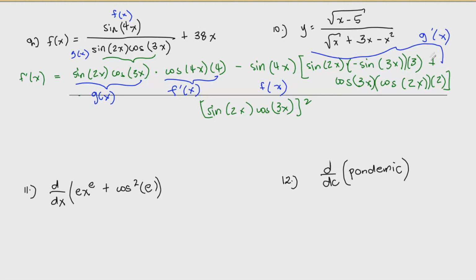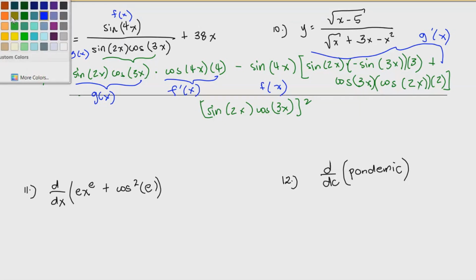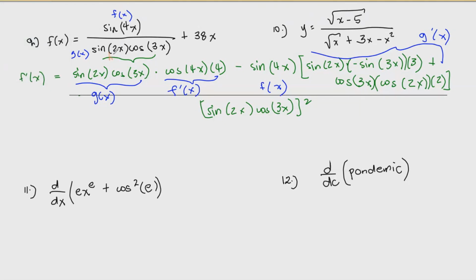This is a very long answer, since remember this denominator is actually still a product rule, so we have to apply the product rule here on this g of x. When we try to name this, let's say we have h of x and j of x.